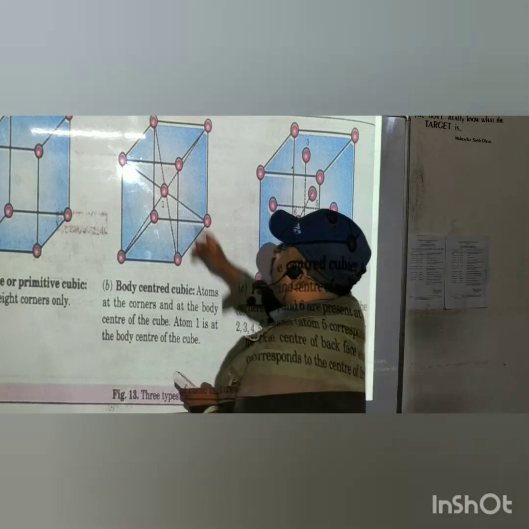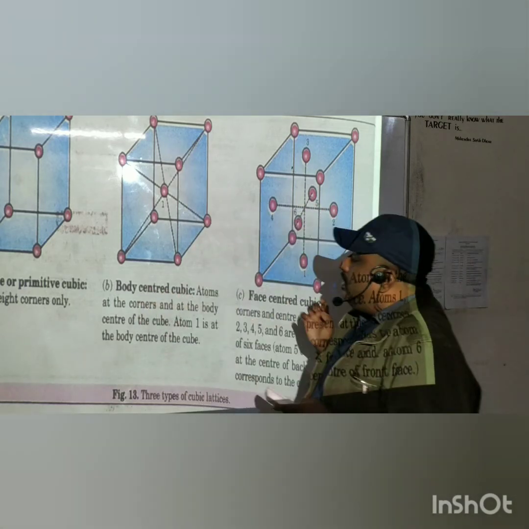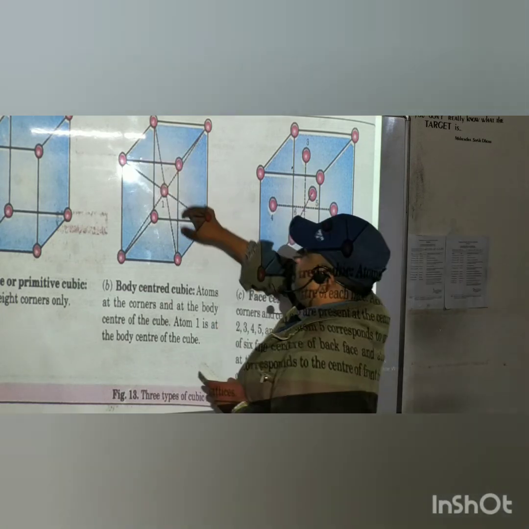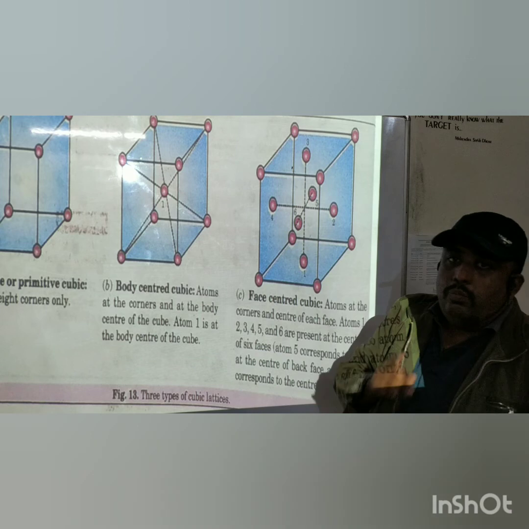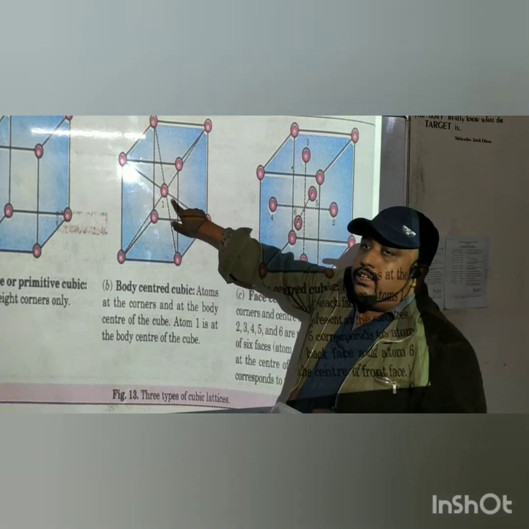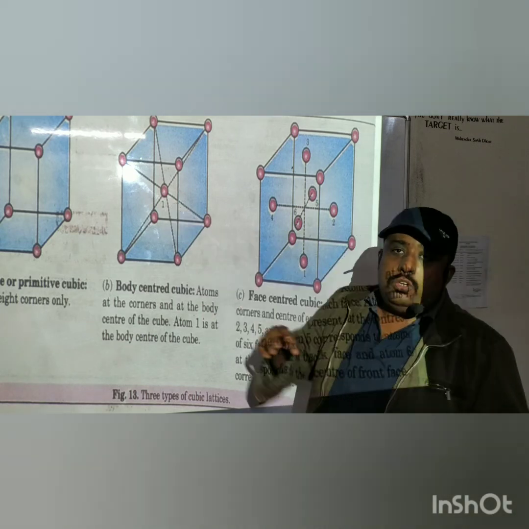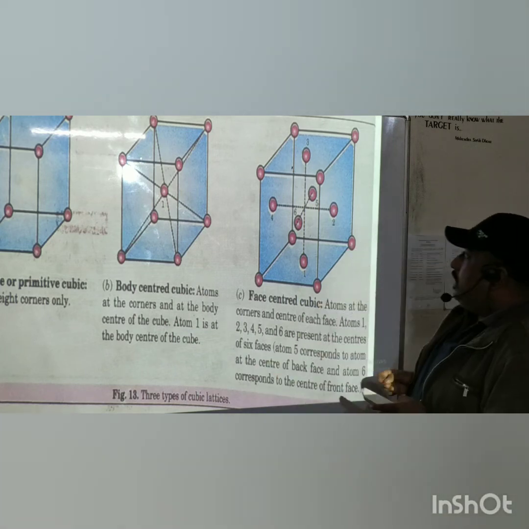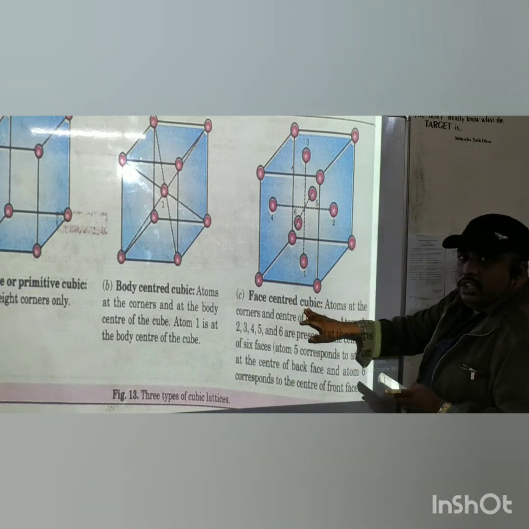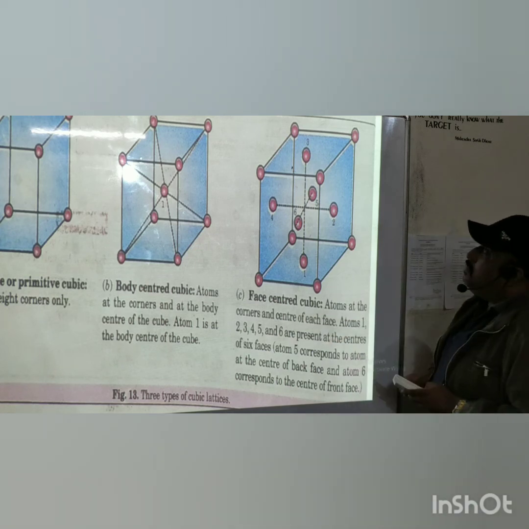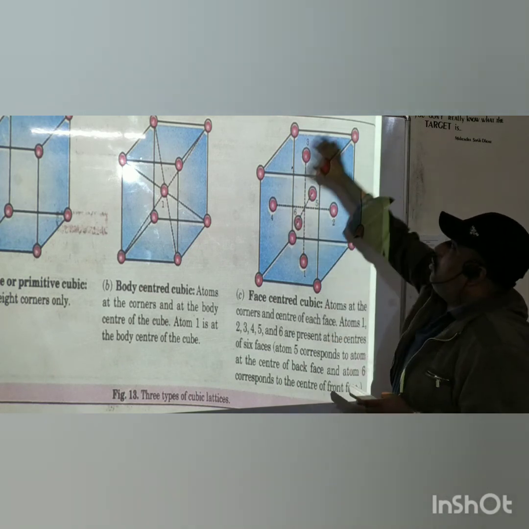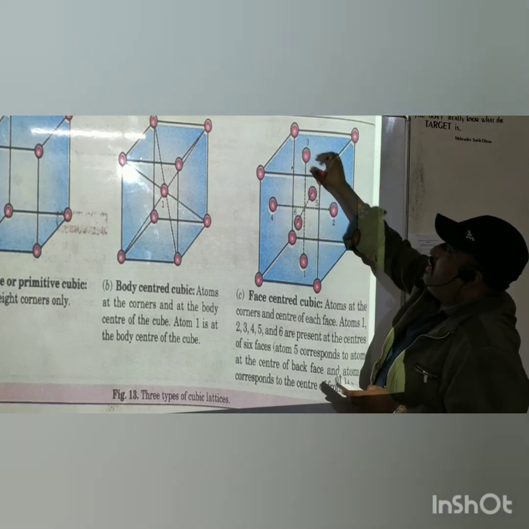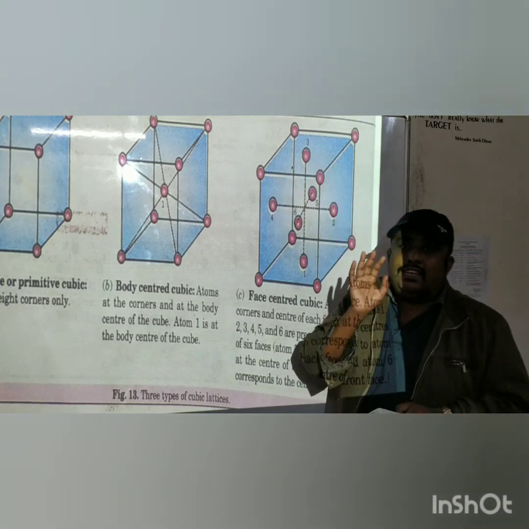In the next one, in the case of the body-centered cubic unit cell, we find that there are atoms placed at the 8 corners, and then one atom is placed at the center of the body of the unit cell. So that's why its name is called body-centered cubic unit cell. Lastly, in the case of the face-centered cubic unit cell, we find that the atoms are placed at the 8 corners of the cube, and we find atoms at the center of the 6 faces.